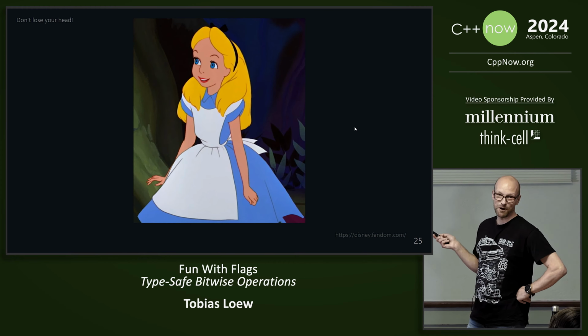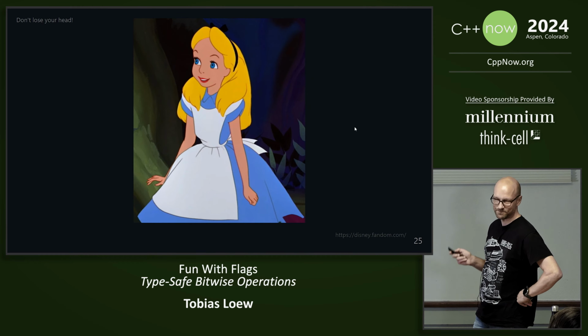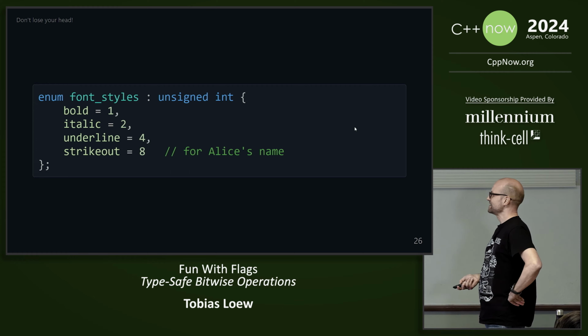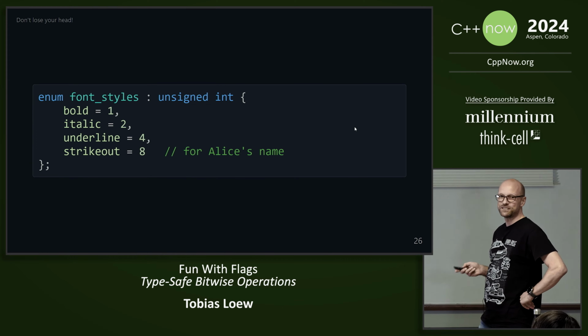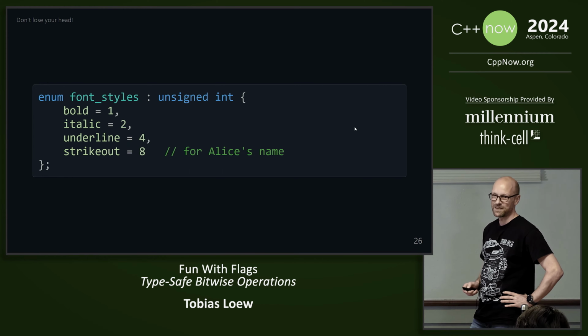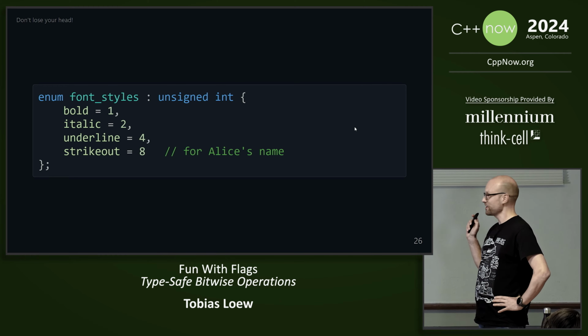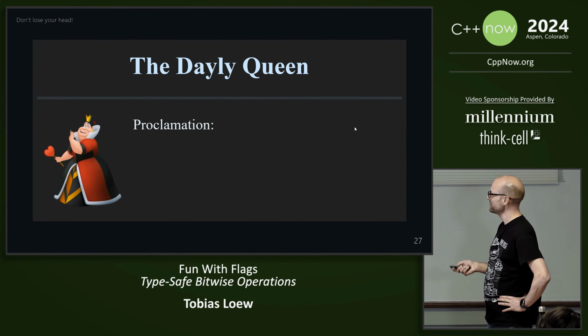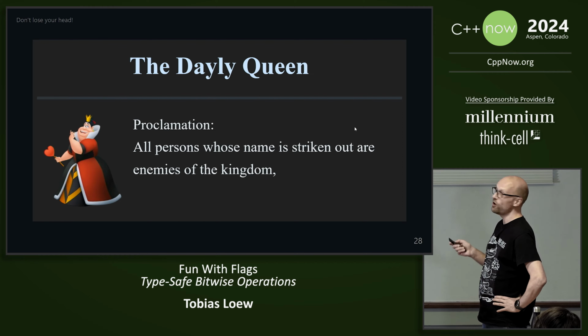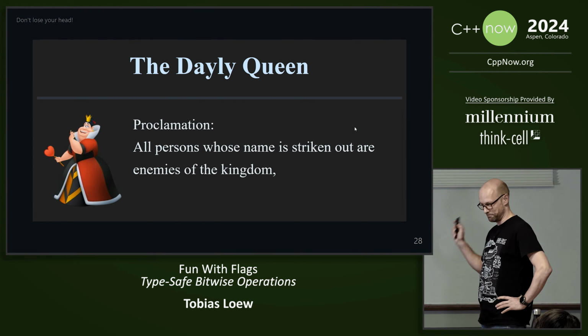Until the troublemaker Alice came to the kingdom. You can see it in her sneaky eyes. So the queen ordered a new font style, strikeout, for Alice's name. And the next day she put a proclamation in the newspaper: all persons whose name is stricken out are enemies of the kingdom.